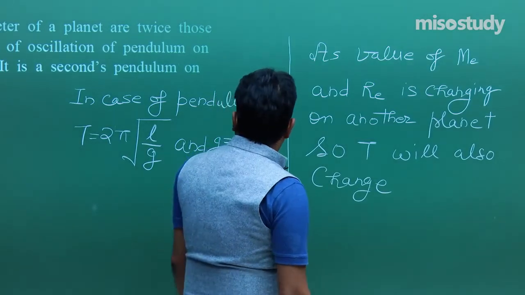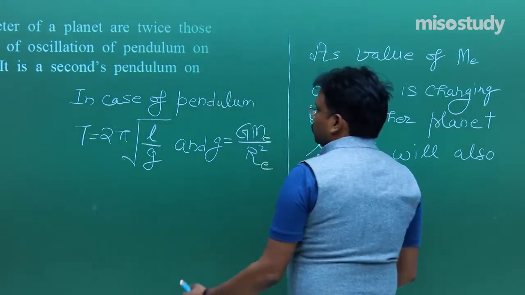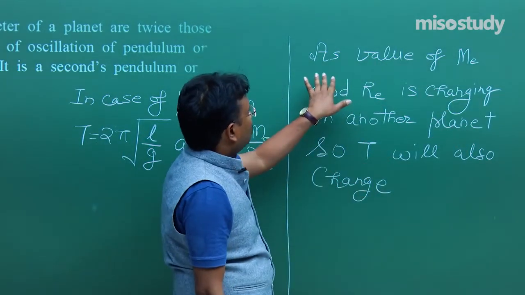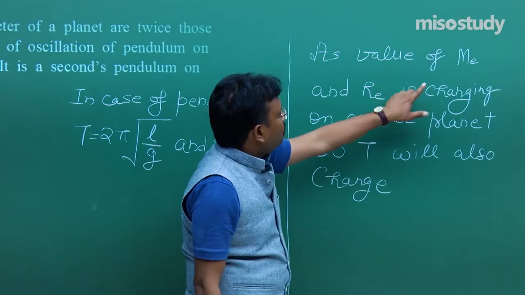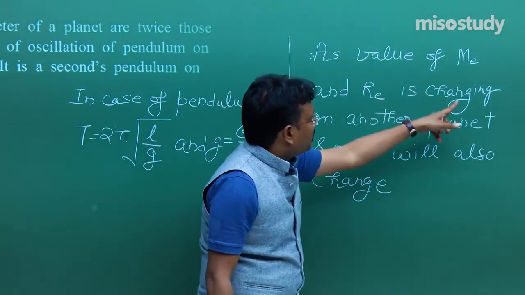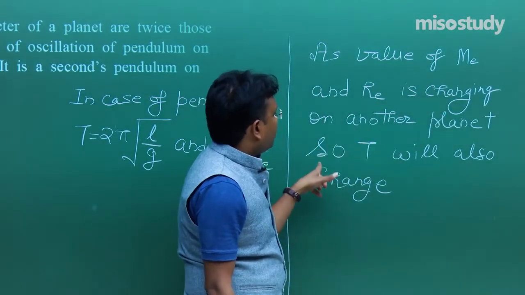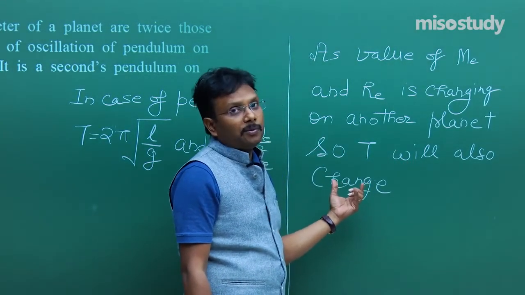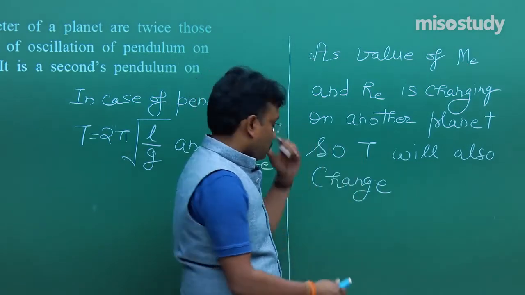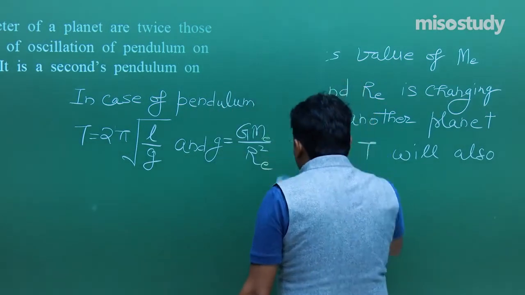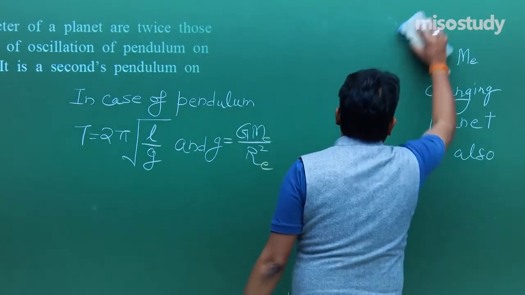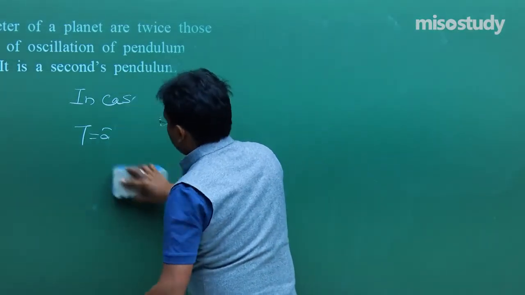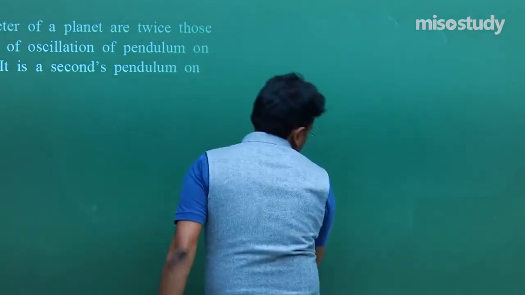Okay. Now, allow me to erase this entire explanation, but before that I would like to read it again. As the value of ME and RE is changing on another planet, so T, that is time period, will also change, and how exactly it will change, that I am going to tell you. But the key for this result is definitely associated with small g, and how small g is changing.